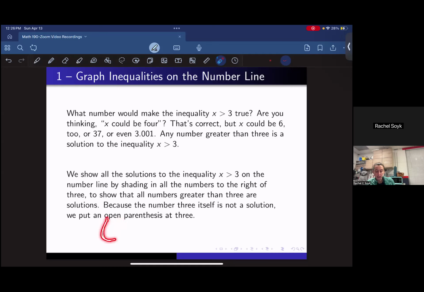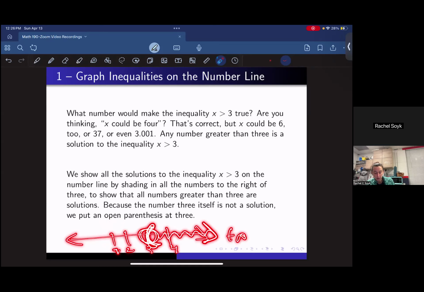There'll be a parenthesis at that 3. So it's interchangeable. If you are comfortable putting a parenthesis there, I'll draw the number line really quickly. We have 1, 2, 3, 4. I do an open circle, shade to the right. Those are all my solutions. Draw my arrow because it shoots to positive infinity. But some people just do that soft parenthesis and shade. Okay.